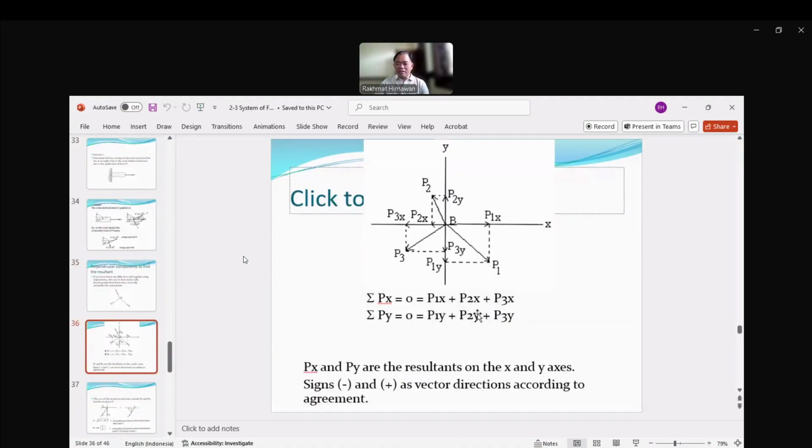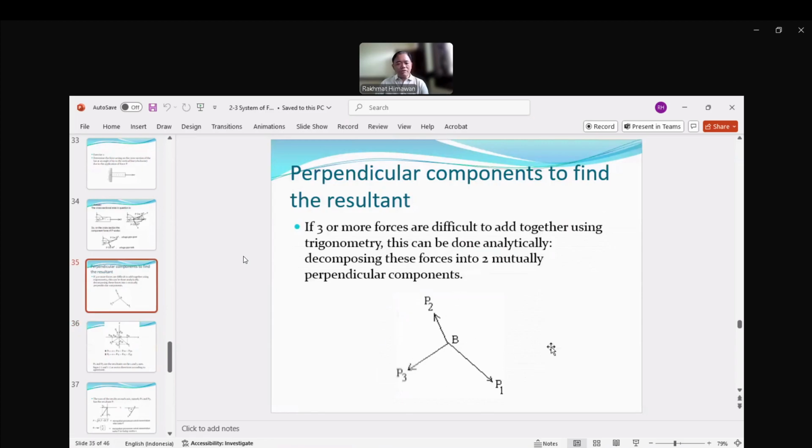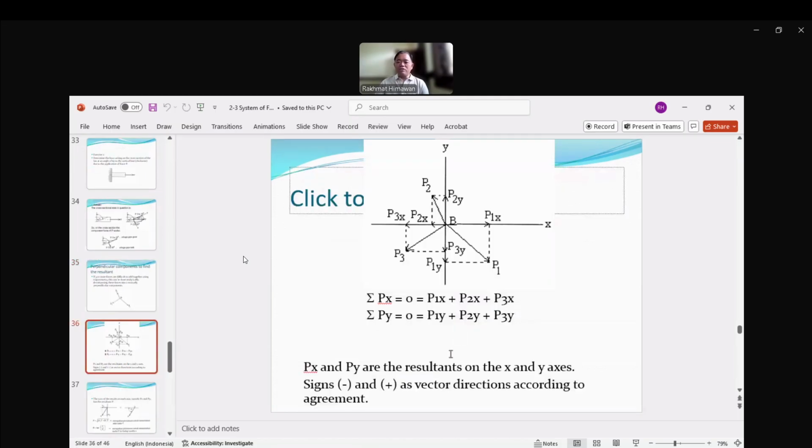So using this analytical approach, we can decompose it all into x and y axes. And if you don't have the axes, just draw the axes. Yeah, draw them yourself. Where do you want the x? Where is the x? Where is the y? As long as you know the angle between P2 and the y-axis, for example, P3 with the x-axis, then you're good. If you don't know the angle yet, you need to measure the angle.